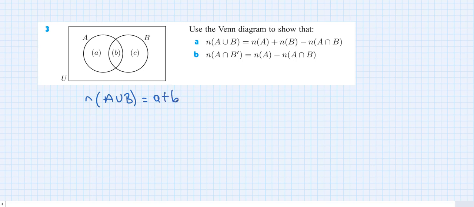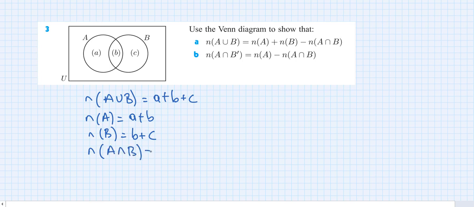Just add the numbers A plus B plus C. And the number of A will be A plus B elements. Number of B elements in set B, B plus C. And the number of their intersection will be just B. And the right hand side we already had seen is A plus B plus C.